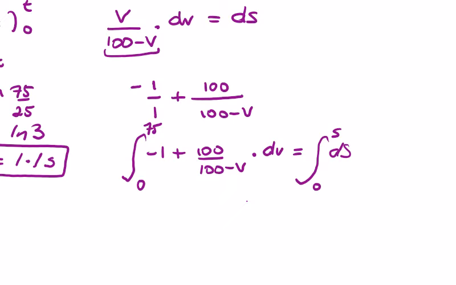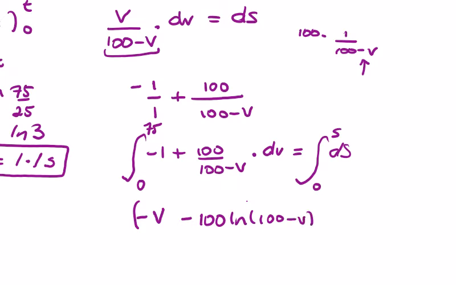So we're going to get s, and on the left hand side the minus 1 will become minus v when we integrate it. 100 over 100 minus v is 100 times 1 over 100 minus v, and this minus 1 makes it a minus 1 over 1 at the beginning, so we're going to get minus the 100 in front, the natural log of the bottom, 100 minus v, between 75 and 0 will be equal to s.